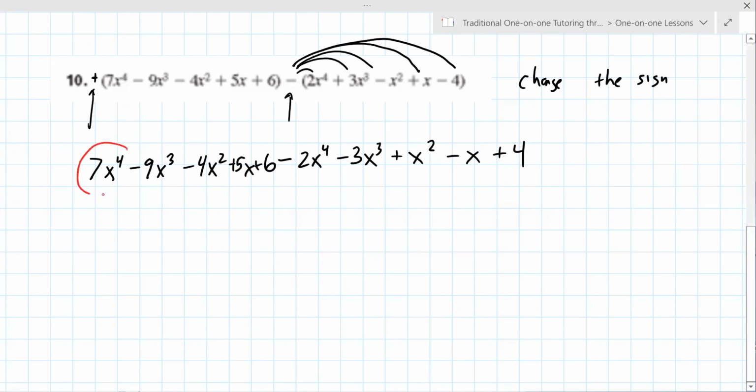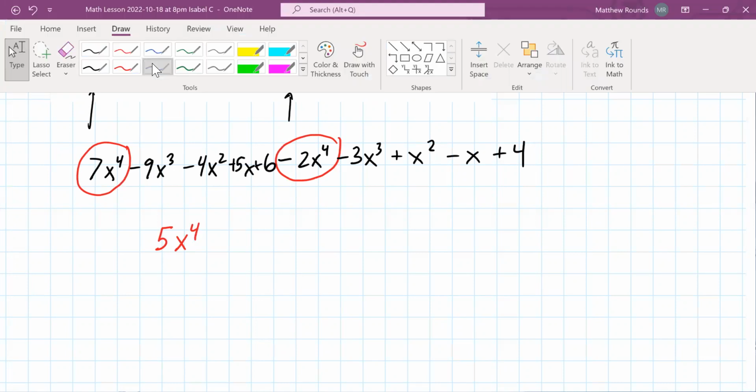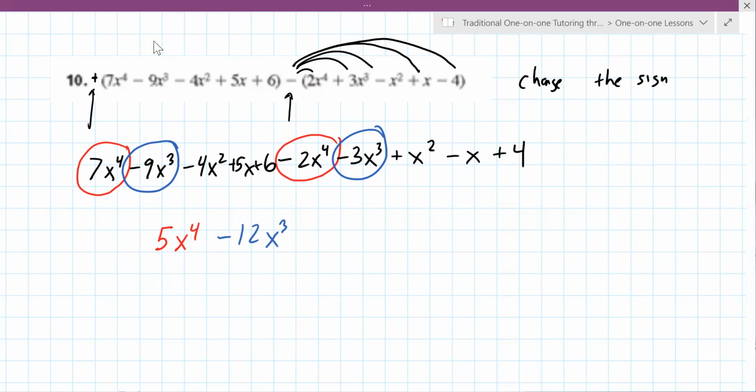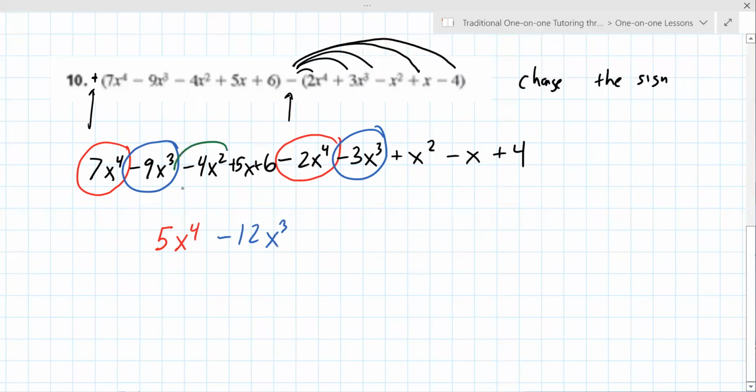So that's 7x to the fourth goes with the minus 2x to the fourth. And then you just go down in descending order, like from tallest to smallest. So minus 9 and minus 3, minus 12x cubed. Minus 4x squared plus x squared. So that's minus 3x squared.